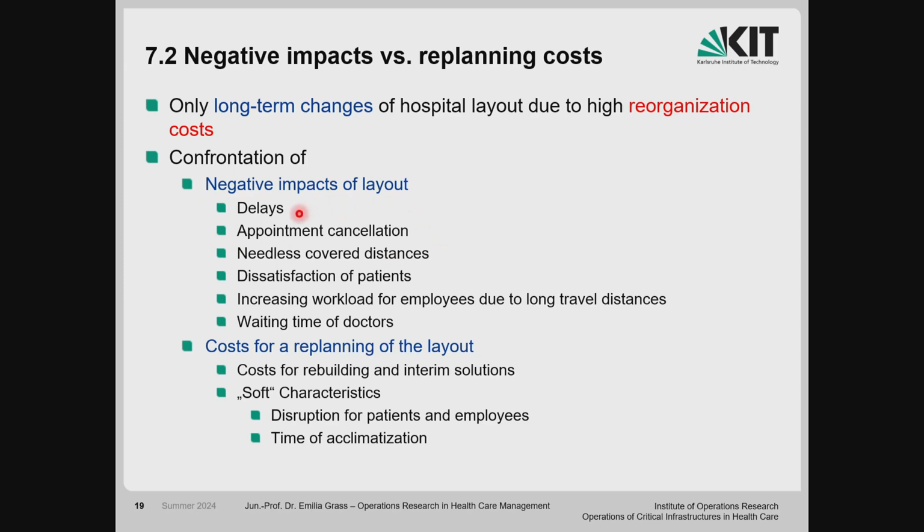Dissatisfaction of patients, of course, if they have delays, have to wait and travel too long. Increased workload, of course, for the employees, because they simply have to walk much more, and waiting times of doctors, because they also have to arrive, first of all, at this particular ward.